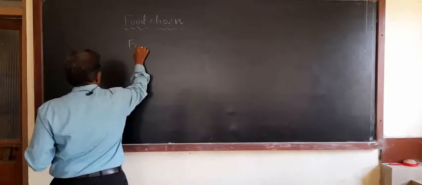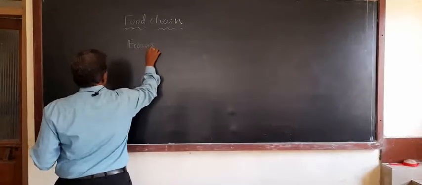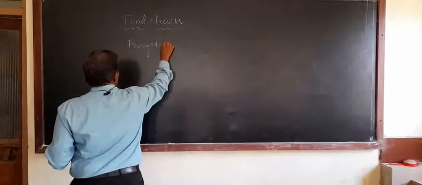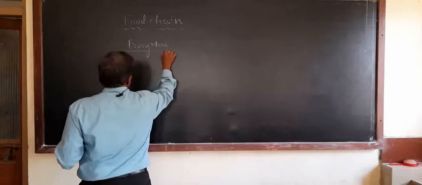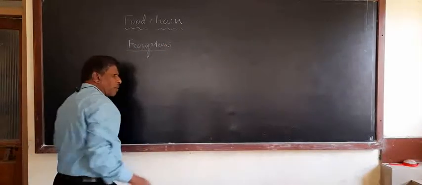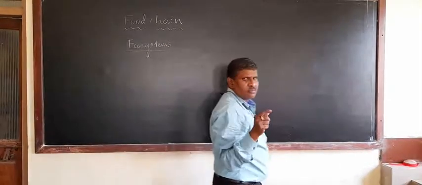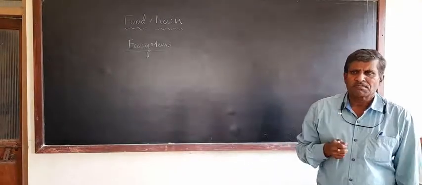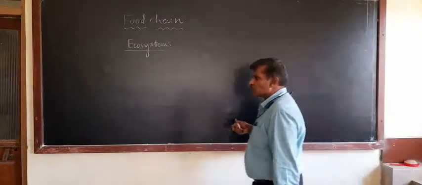Suppose you consider any naturally existing ecosystem, maybe a grassland ecosystem, a forest ecosystem, an ocean ecosystem.